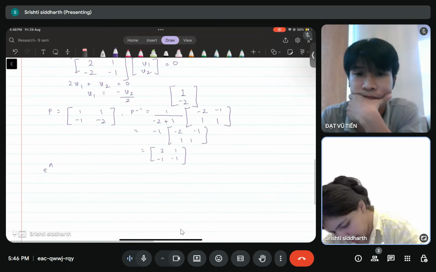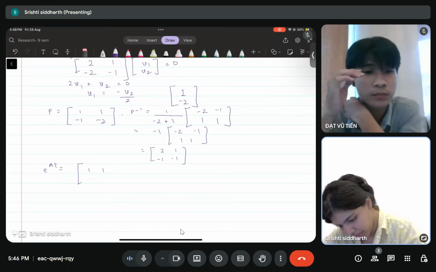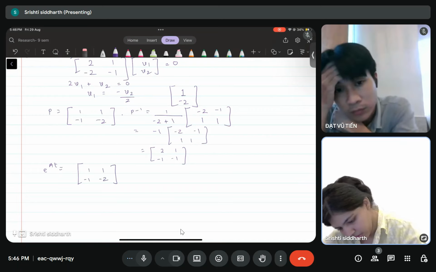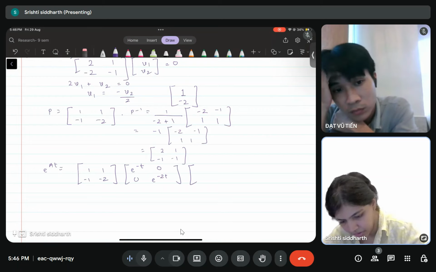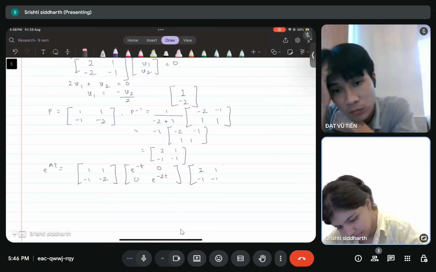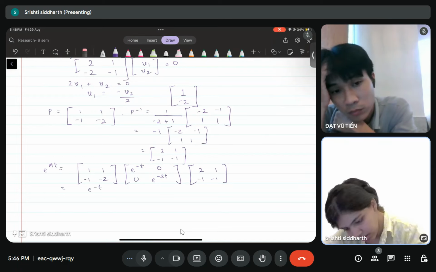So e to the power At in this case is, sorry, 1, 1, minus 1, minus 2, e to the power minus t, e to the power minus 2t, and then P inverse. Okay, so this is easy.